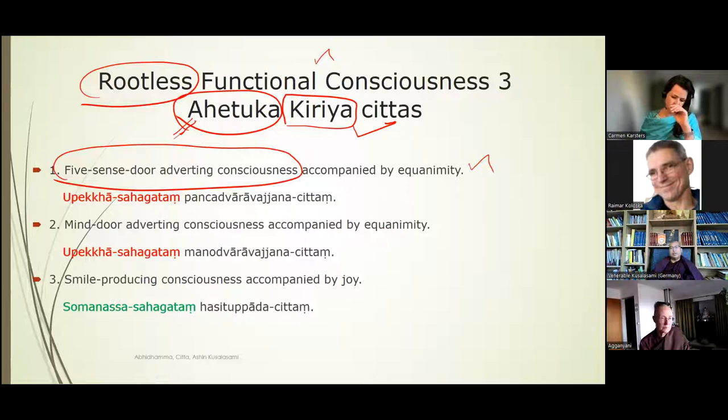The next one is mind door adverting consciousness. There are five sense doors, and another door is the mind door. There are six doors, six sense doors. In the Asian Indian meditation technique, they put it like that.